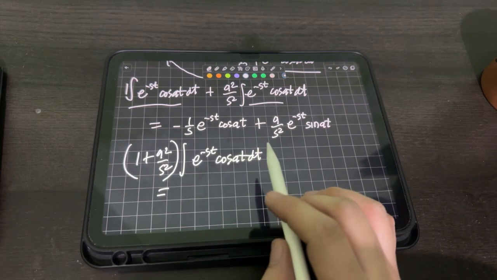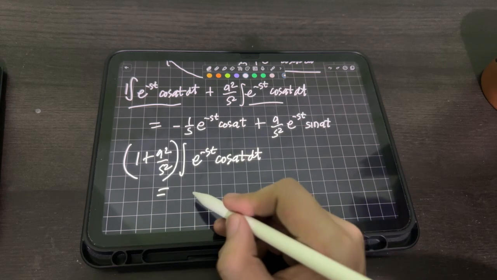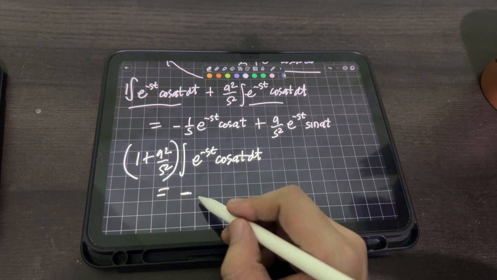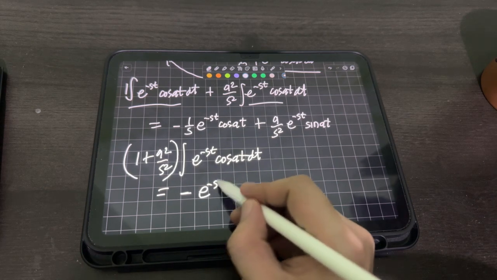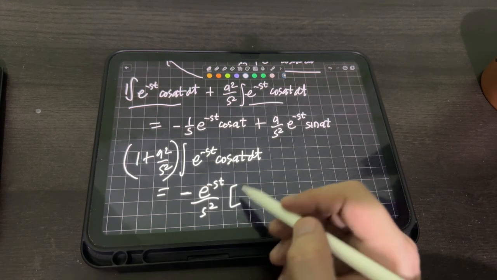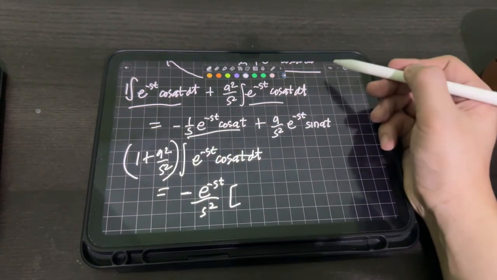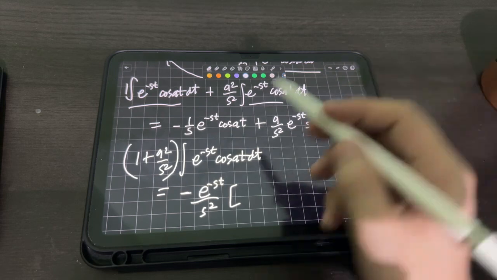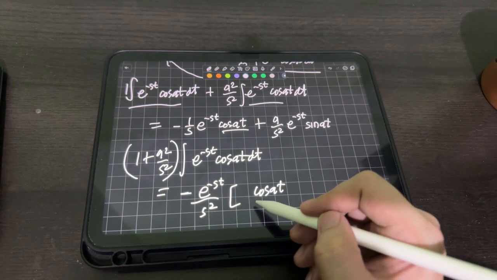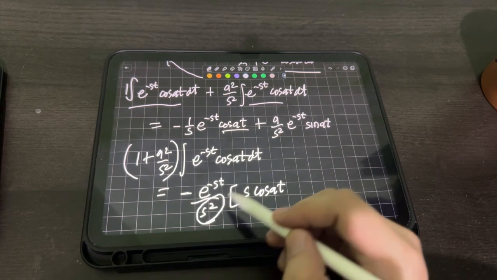But we can factor out the common terms. So let's factor out negative e to the negative st again, then over s squared. Okay. So if you factor out negative e to the negative st over s squared in the first term, what will be left is cosine at, but we still need to have s because we factor out over s squared.